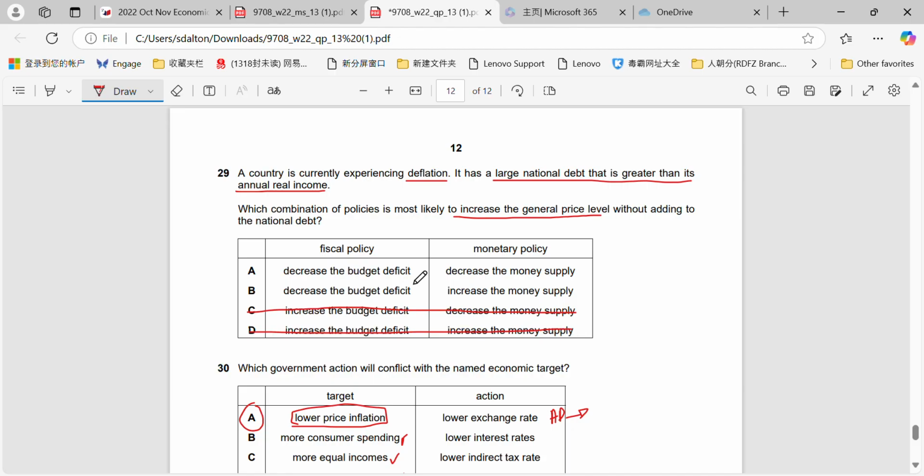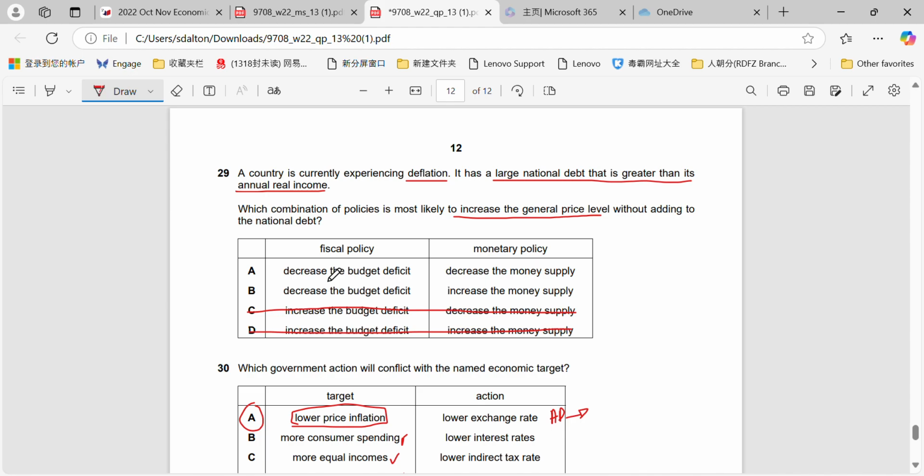Because anytime we increase the budget deficit, we add to the national debt. Because if we increase the budget deficit, government spending rises more than tax revenue will rise, which means that we will owe more, maybe in terms of our public debt and our external debt.